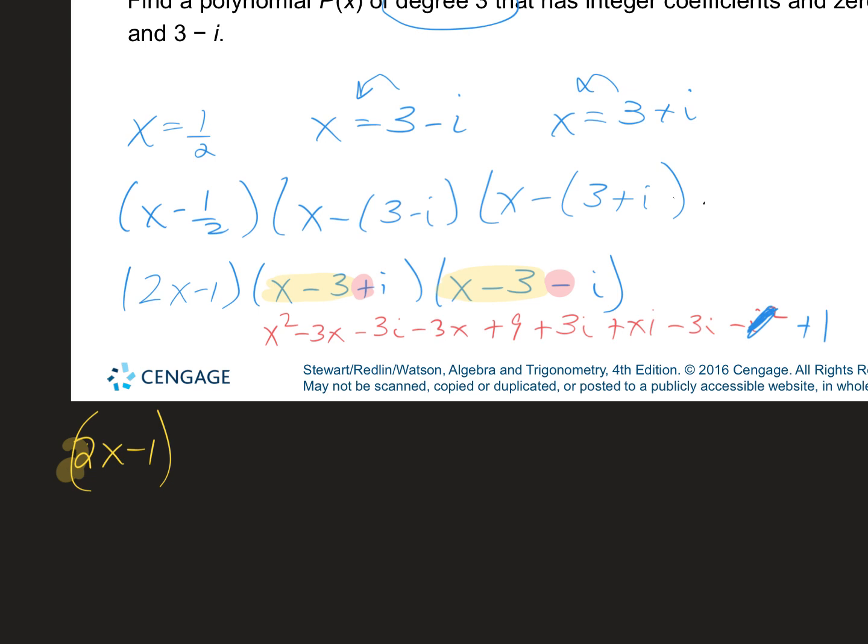So let's see if we can combine anything. Anything combined with x squared? No. All right, what about negative 3x and negative 3x? That gives me minus 6x, okay. What happens with a negative 3i and a positive 3i? Cancels. I have 9 plus 1 is 10.